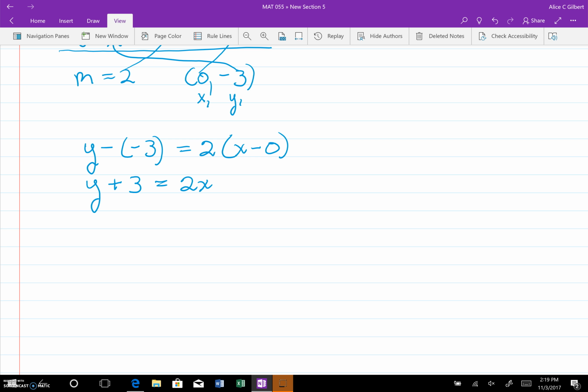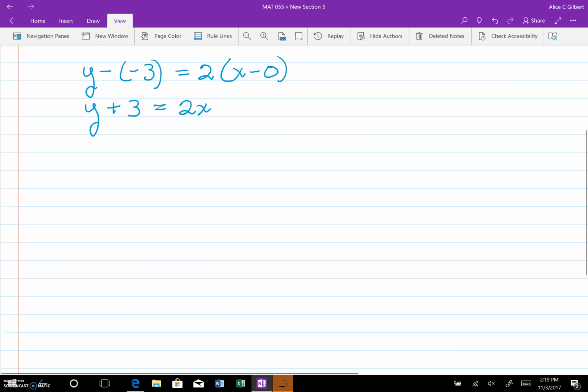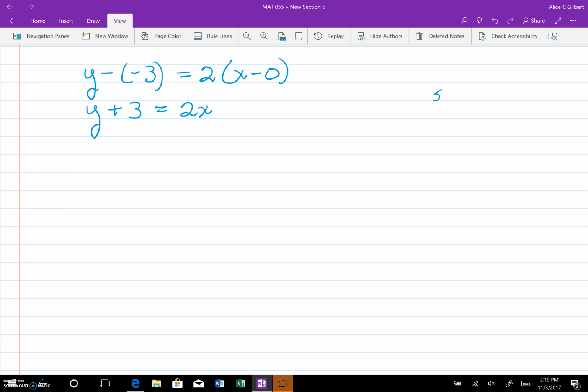All right, now, the first thing, whether the book says this or not, that I need you to do every time is put this equation into slope-intercept form. Remember, we just did that in the last video, which is, and you should be saying it, y equals mx plus b.